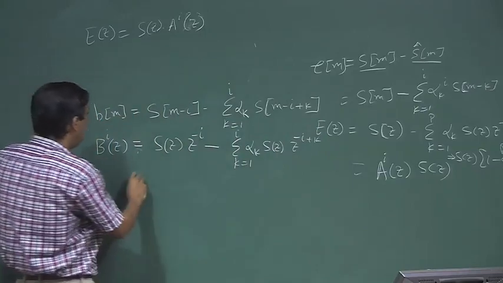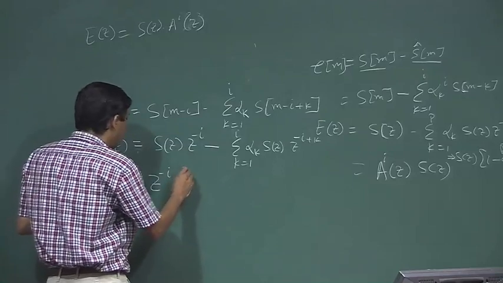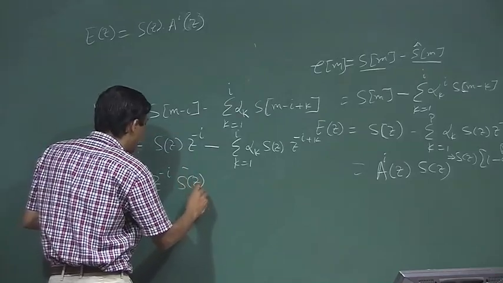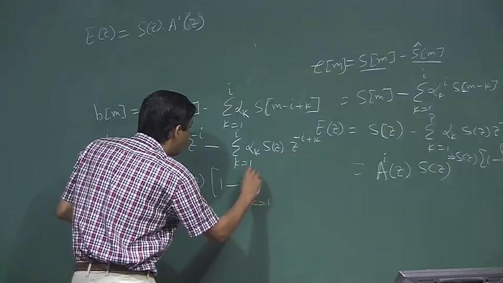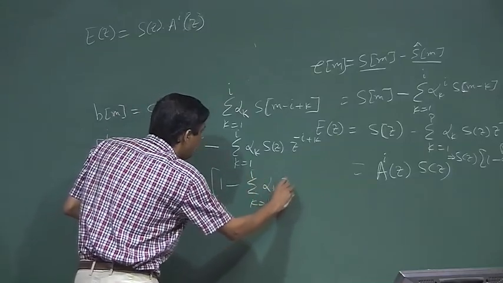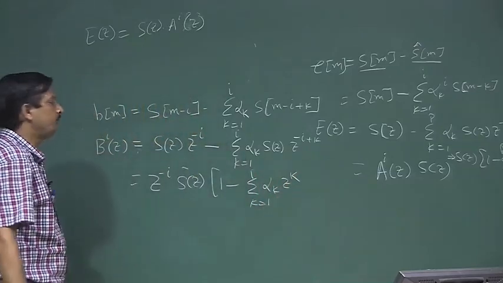So, I can say it is nothing but z to the power minus i. If I take S(z) out, then it is 1 minus the sum over k equal to 1 to i of alpha k z to the power k.